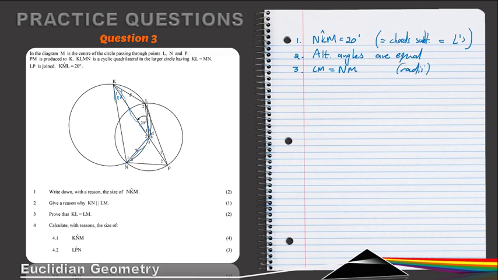And then we know that NM is equal to KL, or KL is also equal to NM, and therefore LM is equal to KL.